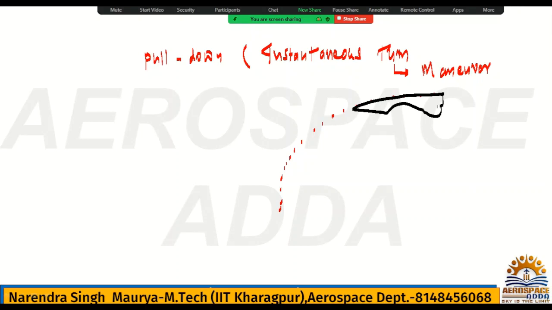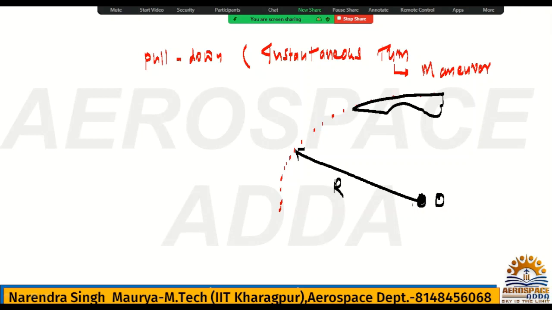Now this is the aircraft. It is going downside. So here you can say this is the center point, you can say this is O. From any distance, you can take the radial distance. This will be R.